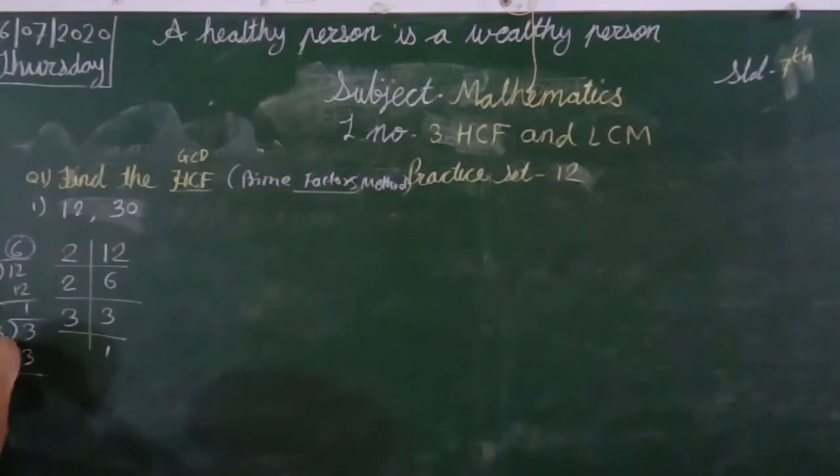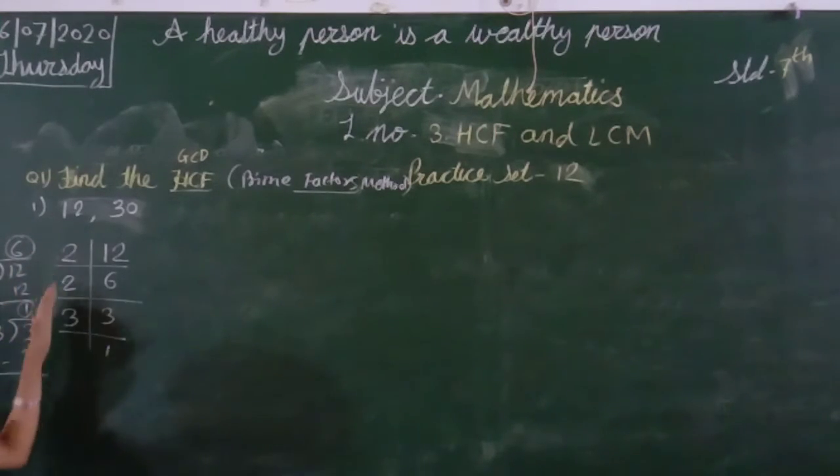Divide 3 by 3, and 3 ones are 3, so this 3 comes here. Now students, check whether your factors are correct. 2 threes are 6, 6 twos are 12. Our factors are correct. Check every time. This is the vertical method.